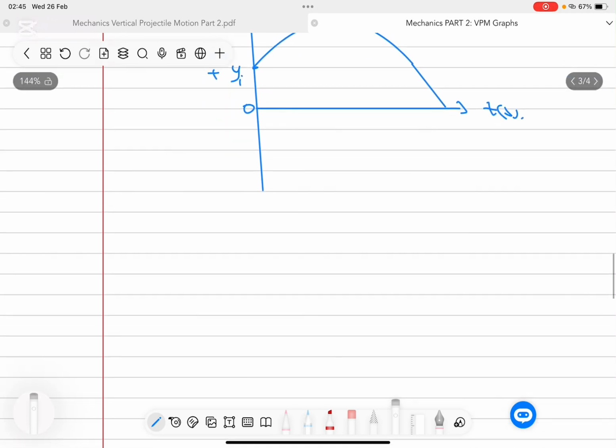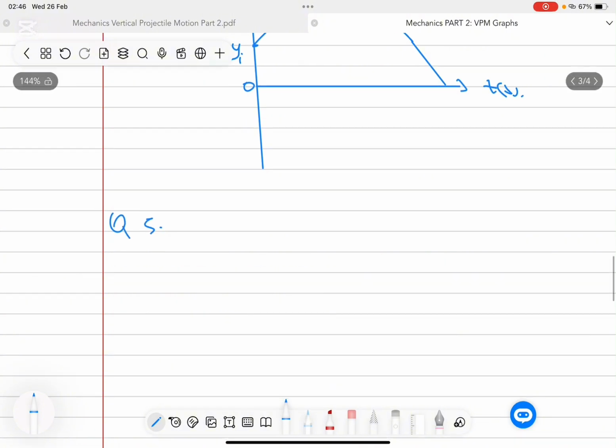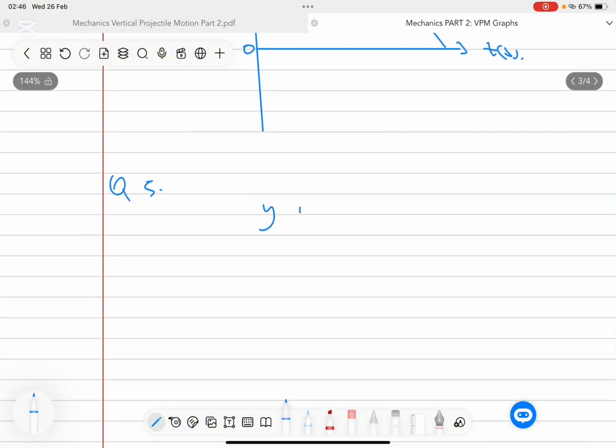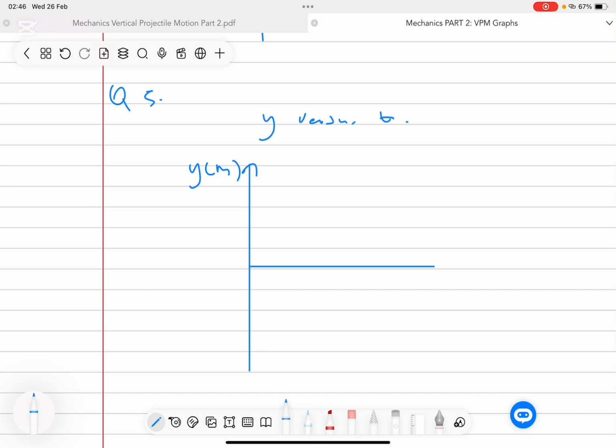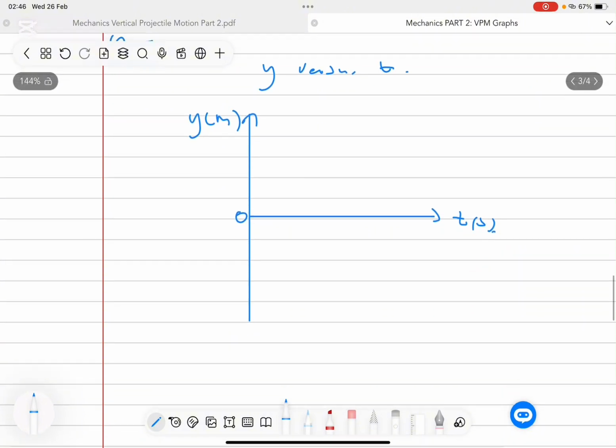Now when we look at this question and answer it, it is question 5, and we are still drawing a position versus time graph. Here, as usual, we have our position measured in meters. We also have our time measured in seconds, and we're saying the time here is 0 and the position is 0, the reference frame.